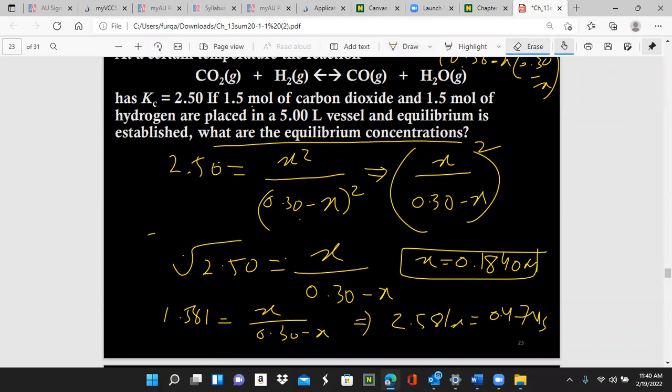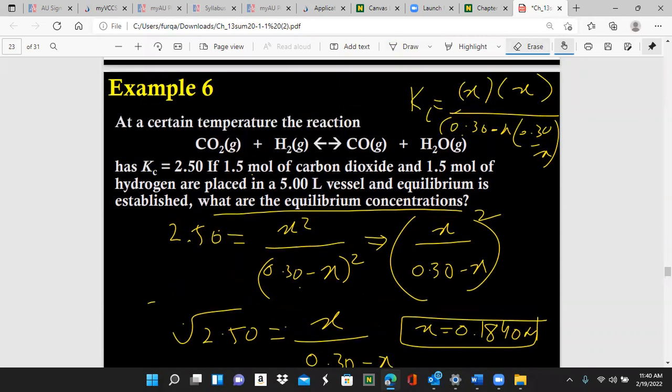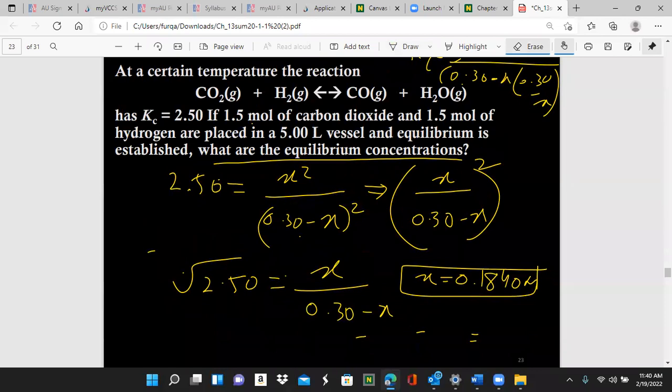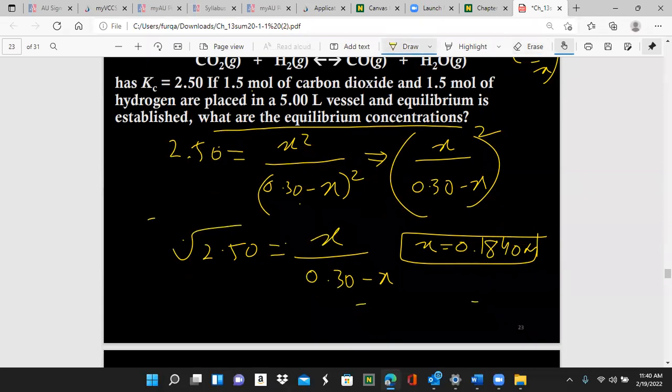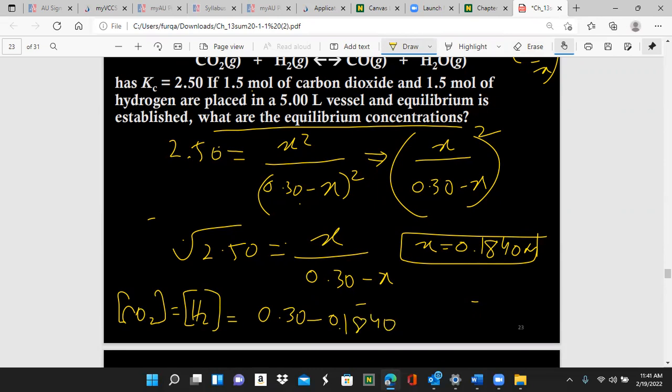Now we need to go into the equilibrium row of the ICE chart, and we know that there the concentration of the two reactants was 0.30 minus x. So we have to subtract this value from there. The concentration of CO2 is equal to the concentration of H2, because the mole ratio is the same. So it's going to be 0.30 minus 0.1840 molar.